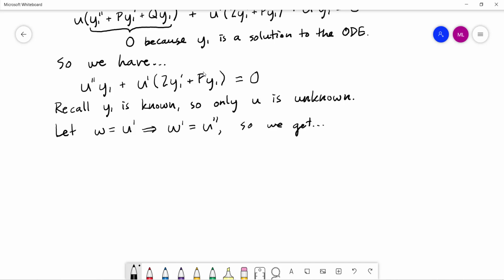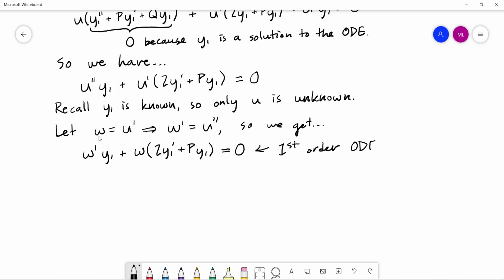We'll get out of this u double prime, which just becomes w prime times our y1, plus u prime, which is just w, times 2y1 prime plus py1 equals 0. So this is a first order ODE for w.